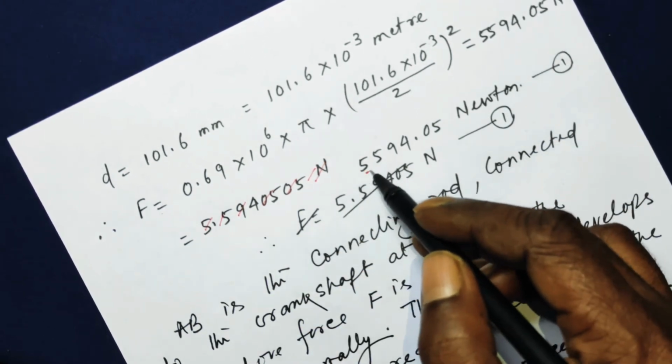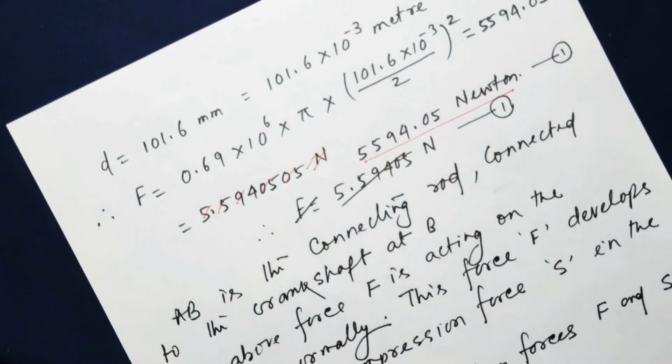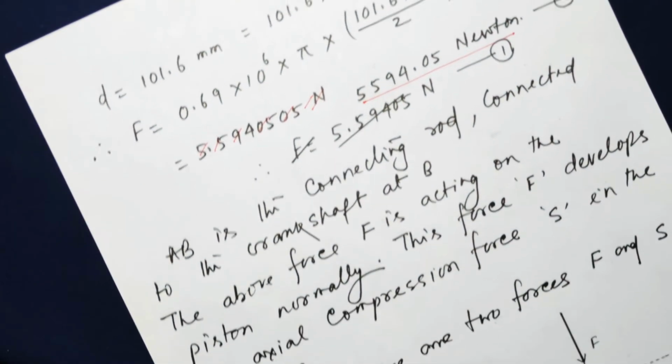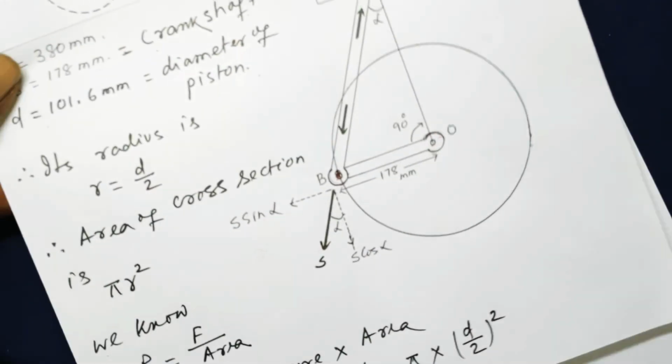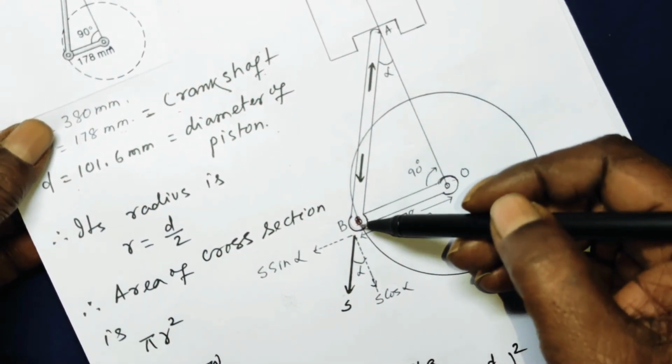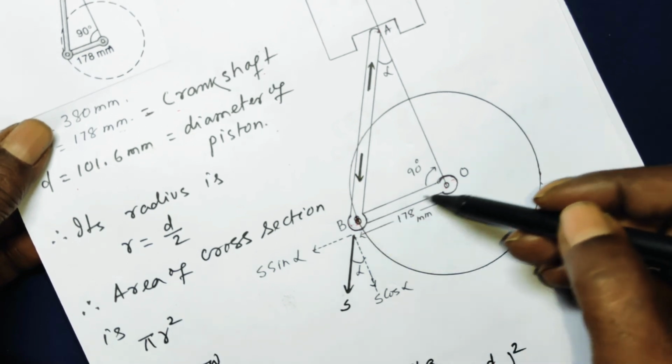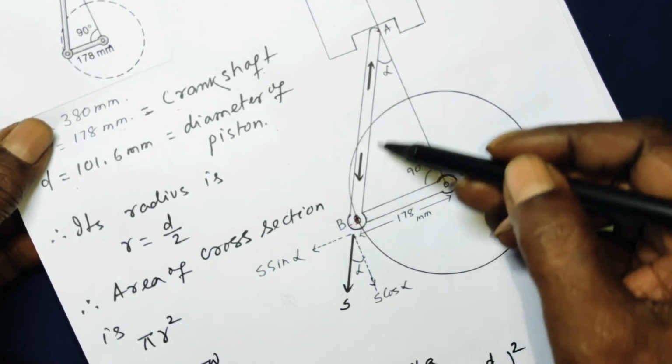5594.05 Newton. They have rewritten here. Now, as I just explained, AB is the connecting rod, and BO is the crankshaft.